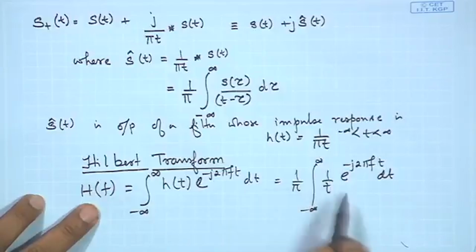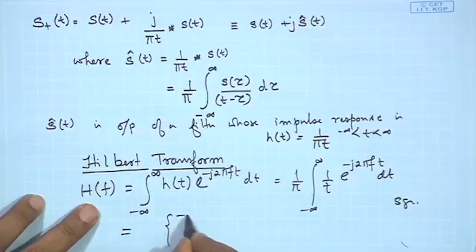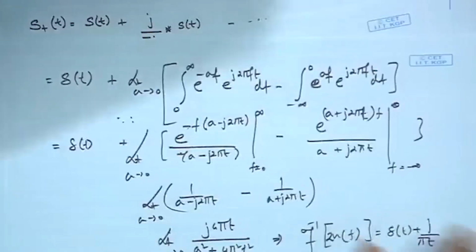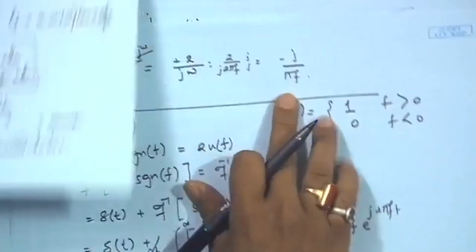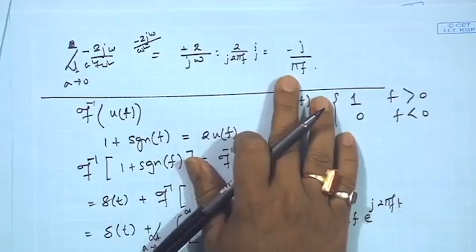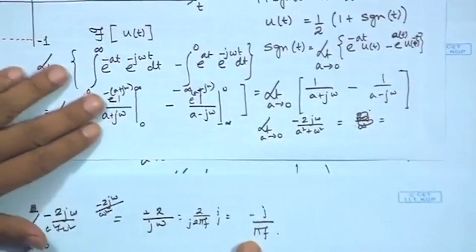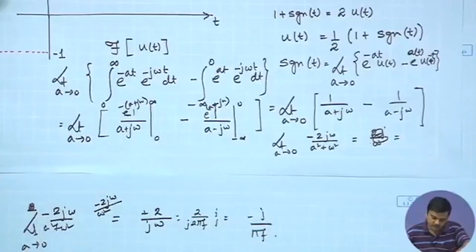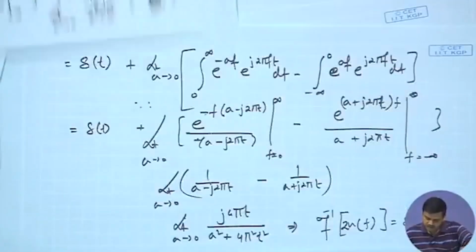So, definitely this will be the sine function, and this you could say is minus j, as we had seen before for f greater than 0, because there was a j involved. If you would recall this again, we had this j involved, right, and we started off with this function. So, if you see carefully this particular part, we had a j involved there. So, that will help us.